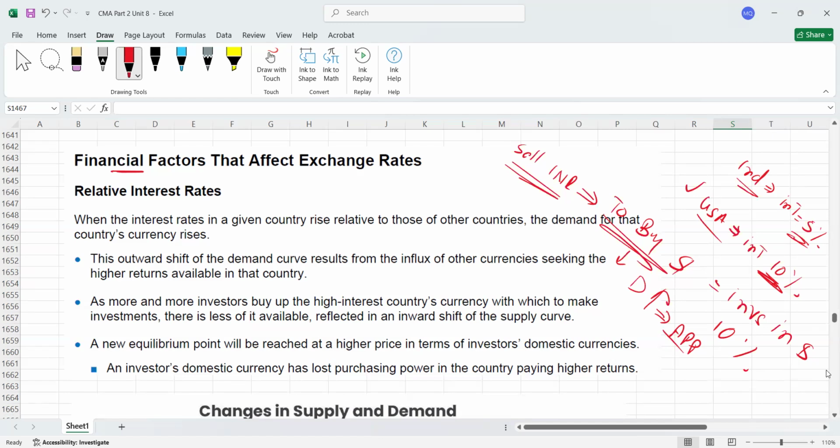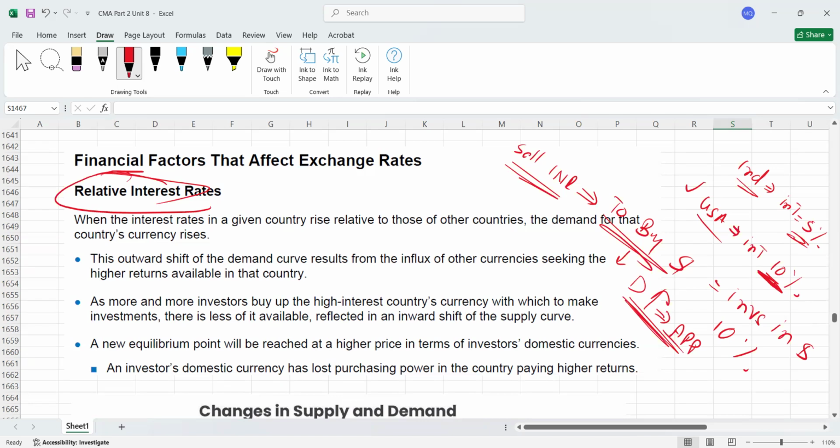As per this relative interest rate factor, listen to me carefully, those countries which have a high interest rate, their currency will appreciate because people want to invest in that country and they want that currency. That's the reason. But after some time, I'll explain another theory, the interest rate parity theory, which is quite opposite. Okay, understood? I hope it is clear.